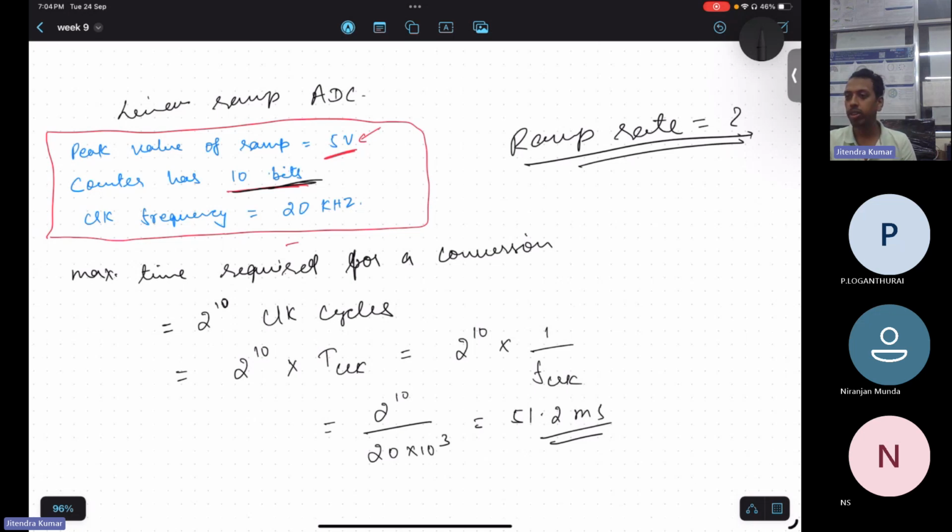We just need to calculate the slope of this ramp ADC, isn't it?